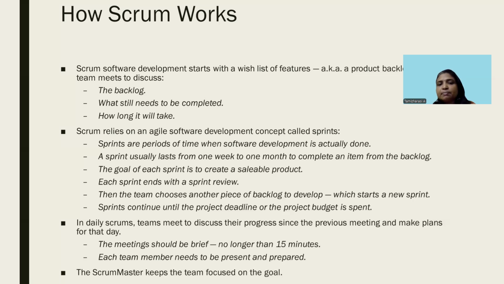Only these three aspects are discussed, but this is done every day. This is one main feature of the Scrum meeting. It is held by the project manager, the Scrum master, for only 15 minutes, and there will be a Scrum meeting every day.